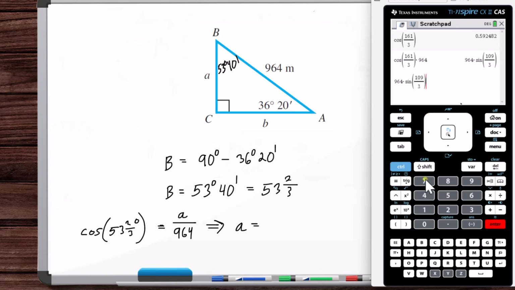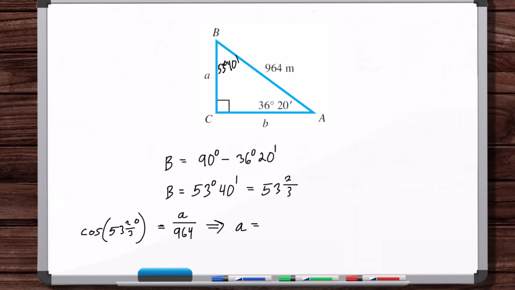So we're going to get the approximation, and we'll put the maximum number of digits here. So A is 571.153 meters.